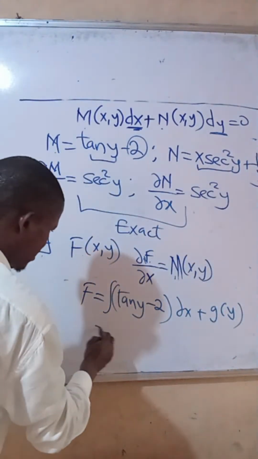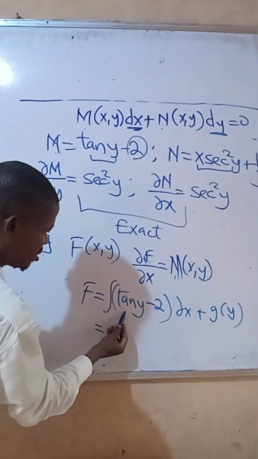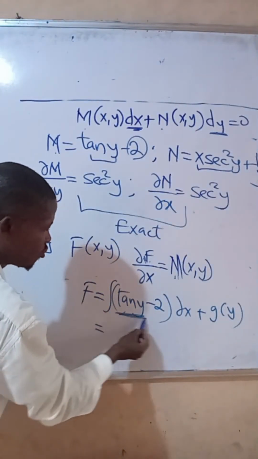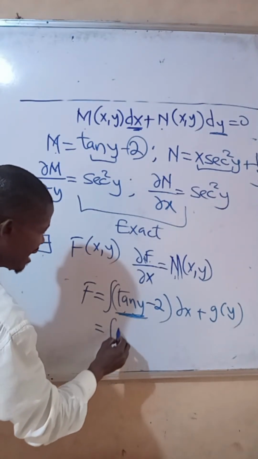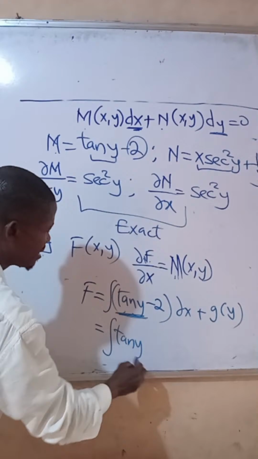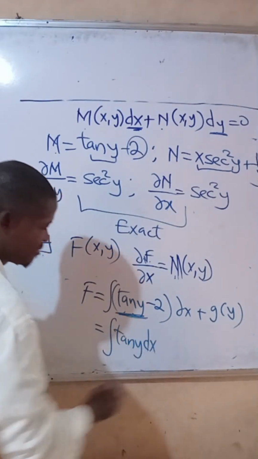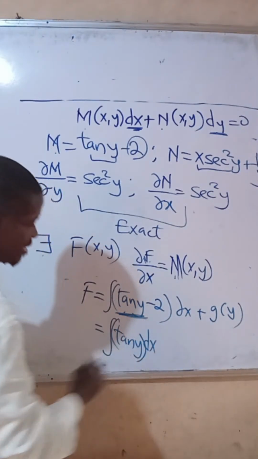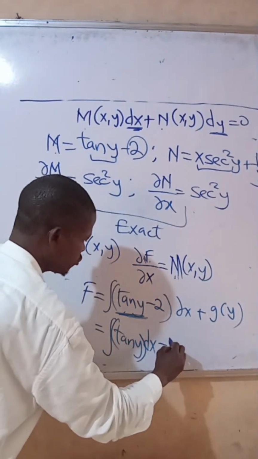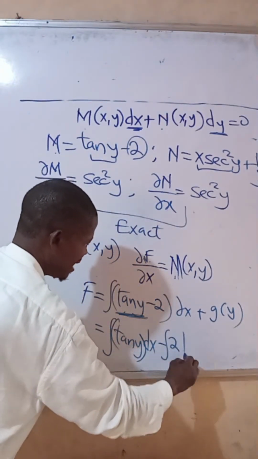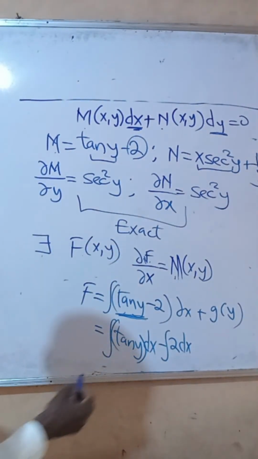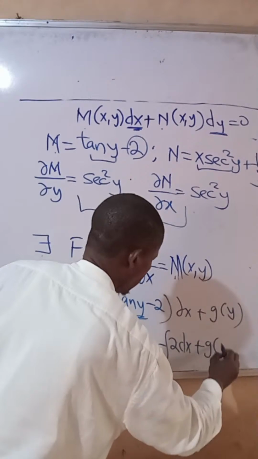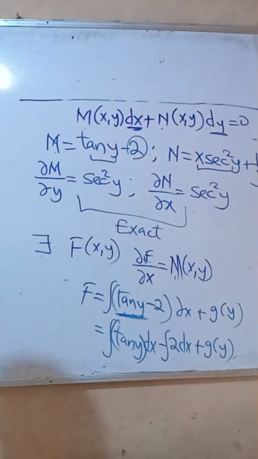If you do this one, tan y will be a constant. So you are having integral of tan y dx, and then minus 2 dx, and then plus g of y.